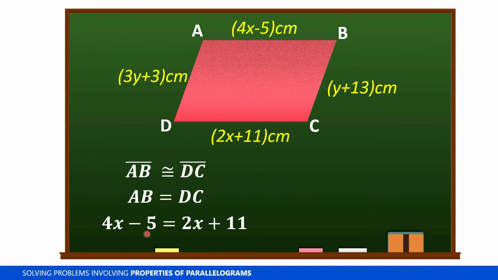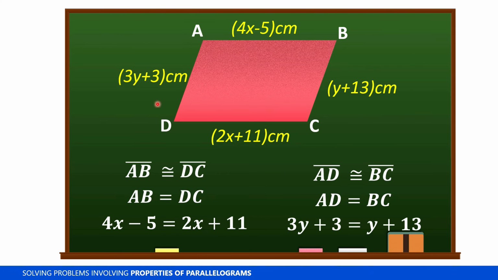We are going to use this equation to solve for x, and then eventually to solve for the lengths of AB and DC. Next, we have also line segment AD, which is opposite to line segment BC, meaning the length of AD is equal to the length of BC.